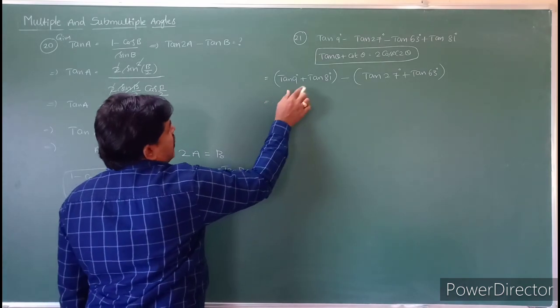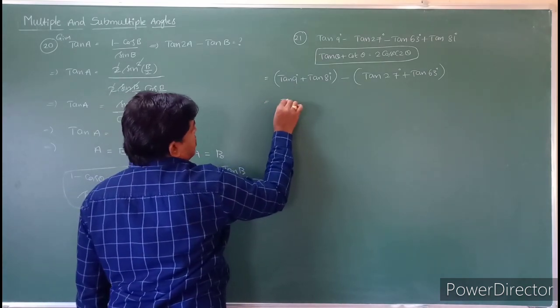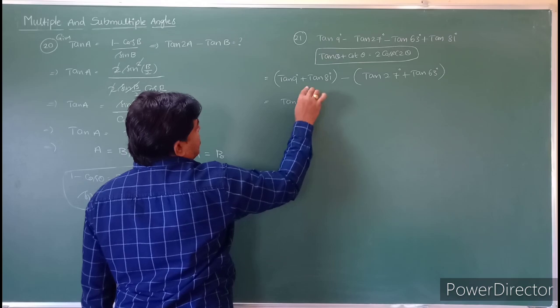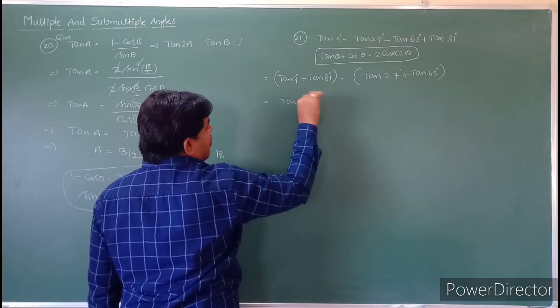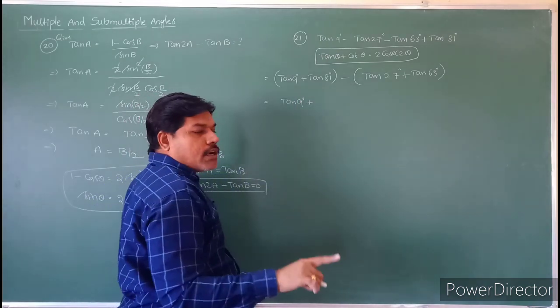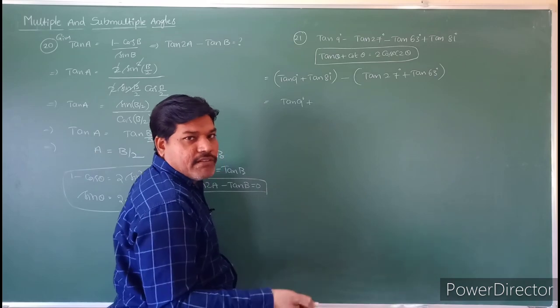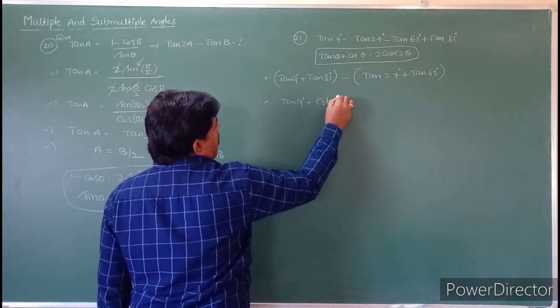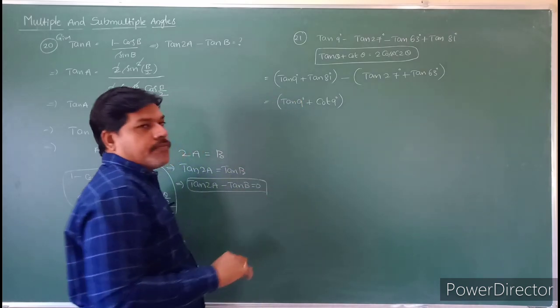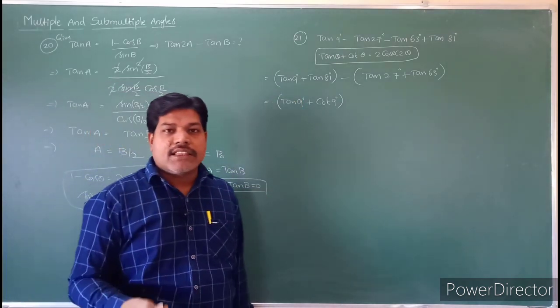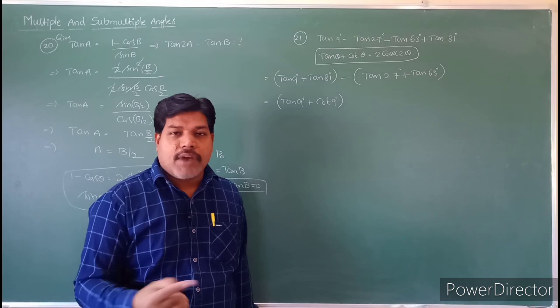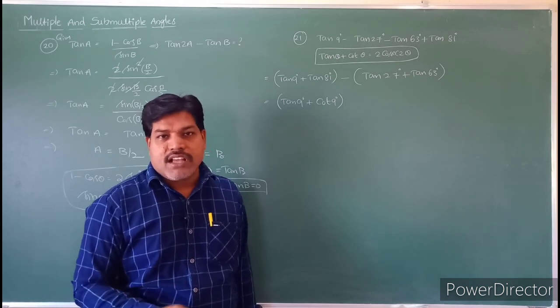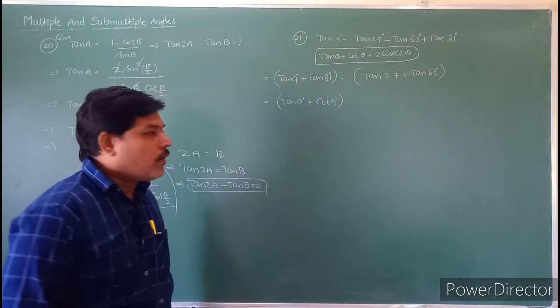Tan 81 degrees you can write as cot of 90 minus 81, which is cot 9 degrees. Tan theta is nothing but cot of 90 minus theta. So 90 minus 81 is 9, so it will convert into cot.